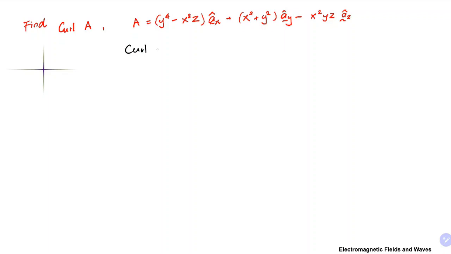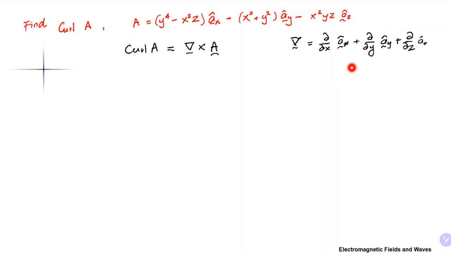So curl of A, we said that is equal to our delta operator cross product with a vector field A. And then we said that our delta is equal to del over del x unit vector x plus del over del y unit vector y plus del over del z unit vector z.